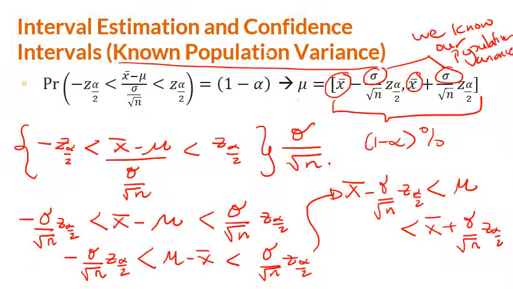Hindi yan yung case. So itong sigma na to is actually being estimated in your sample, which will be discussed in the next slide. So ito yun, I hope this is clear na we have estimated our mu.